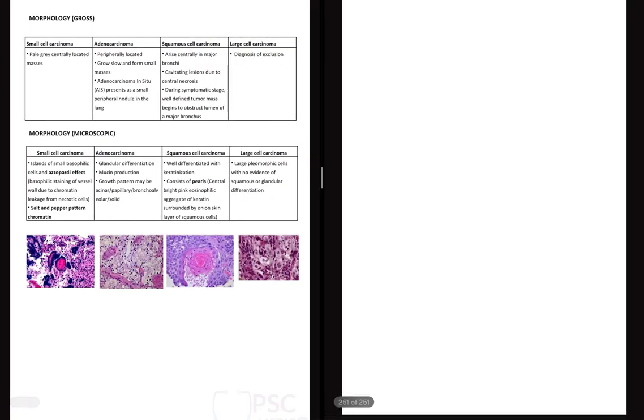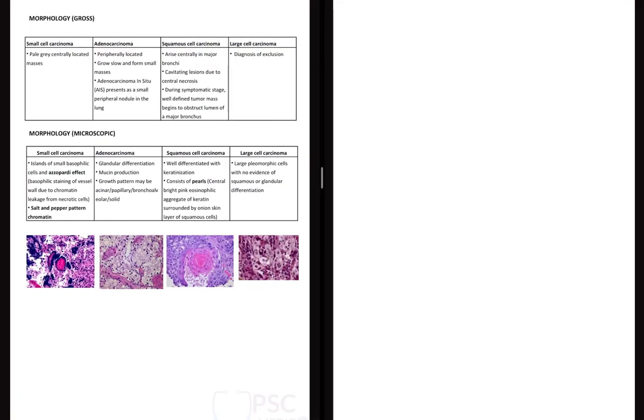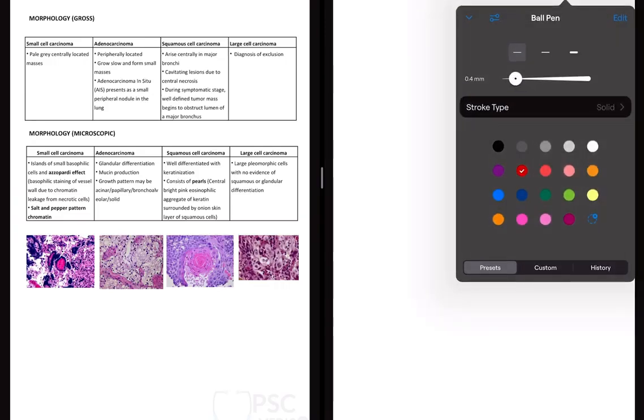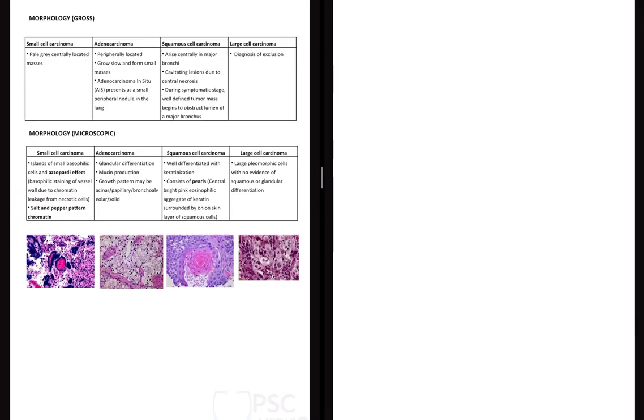Now coming back to the gross features. So you have gross and microscopic appearance of CA lung. We will take one entity and discuss, then we'll move to the next entity.